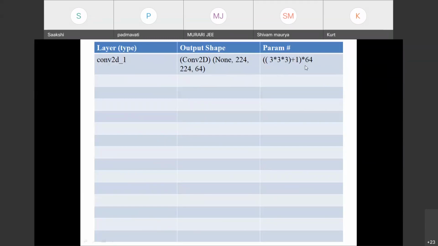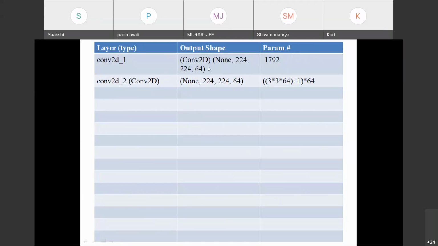And this many parameters need to be learned for this first operation, the convolutional operation. It comes out to be 1792. In a similar way, in the second convolution operation, 224, 224, 64 becomes the input.